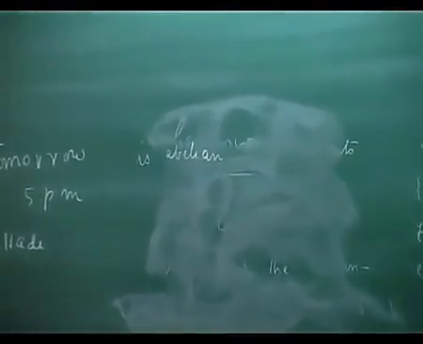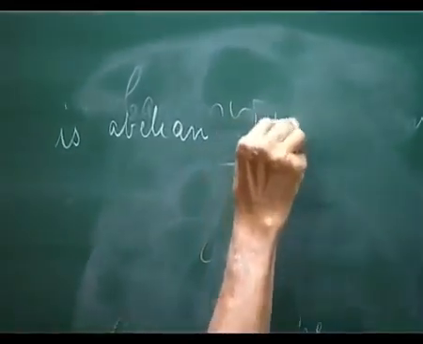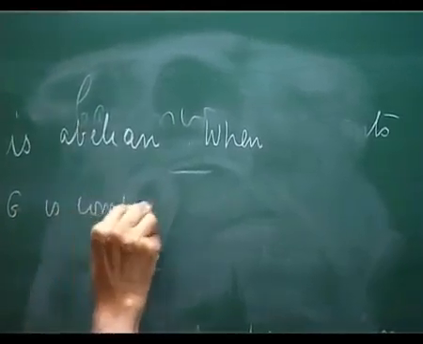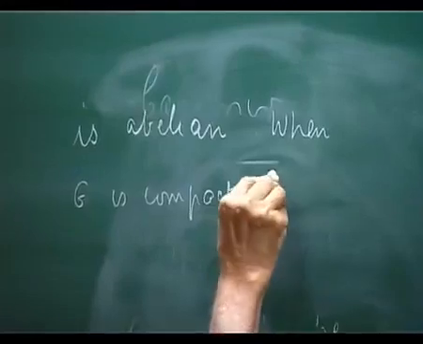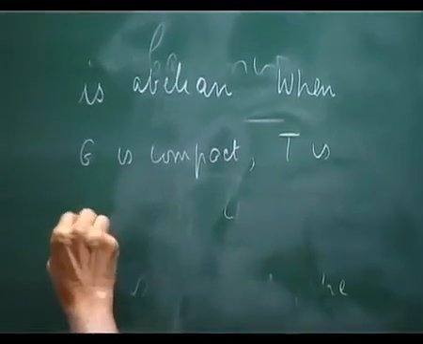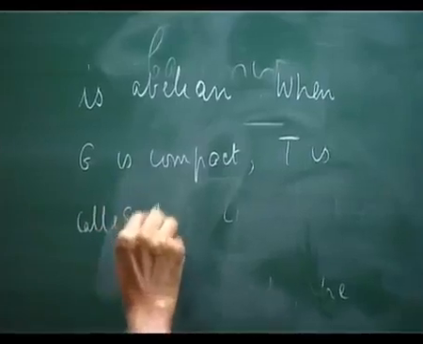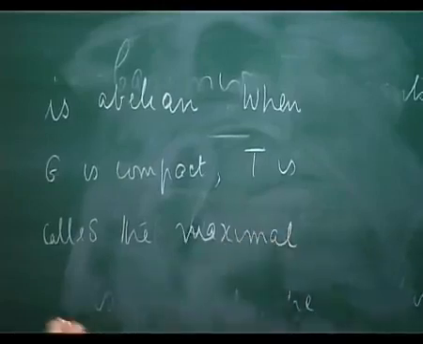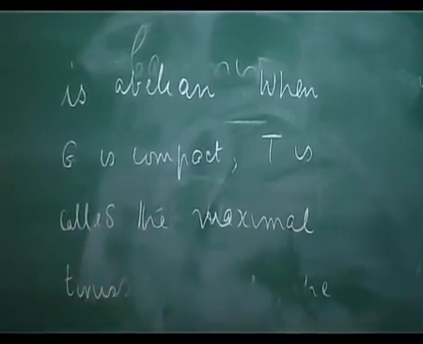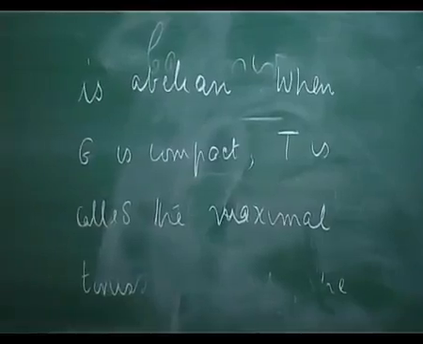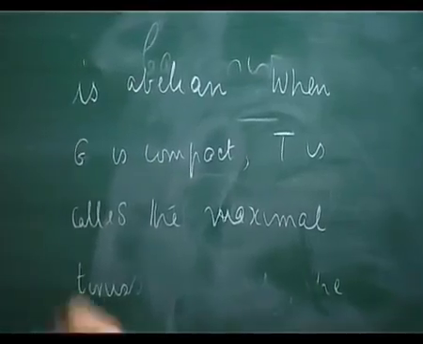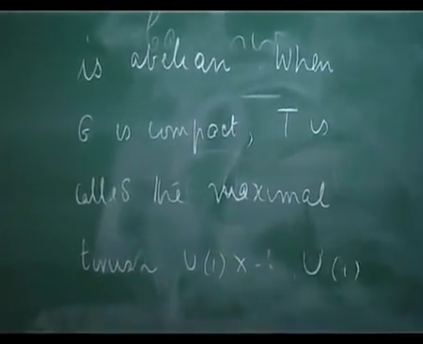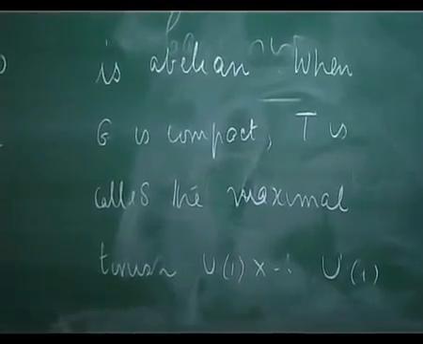When G is compact, T is called the maximal torus. It is a name. It is abelian, some U1 cross U1. Otherwise, you get some R's, real lines.